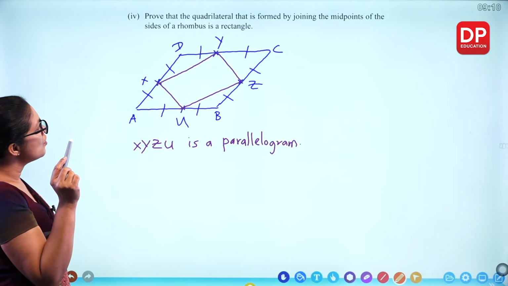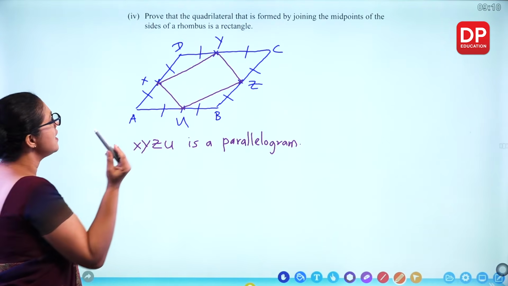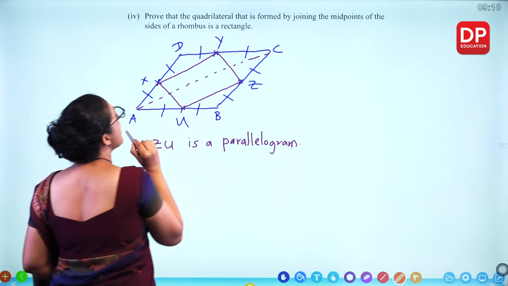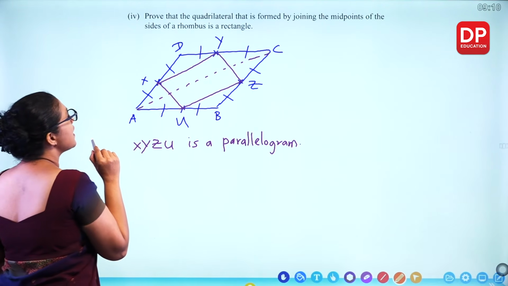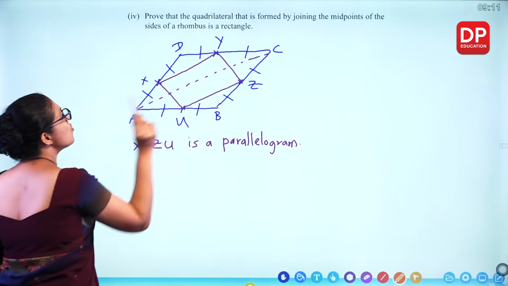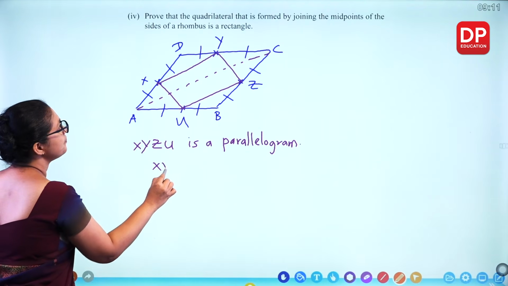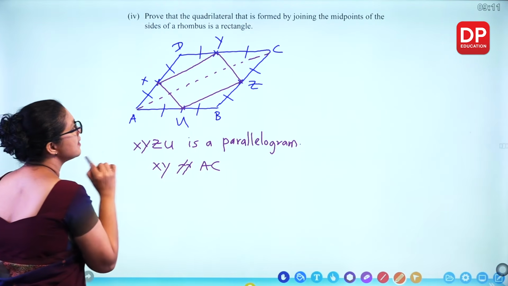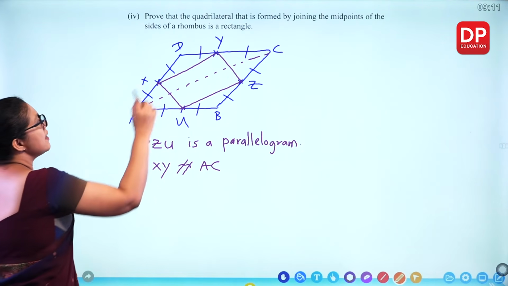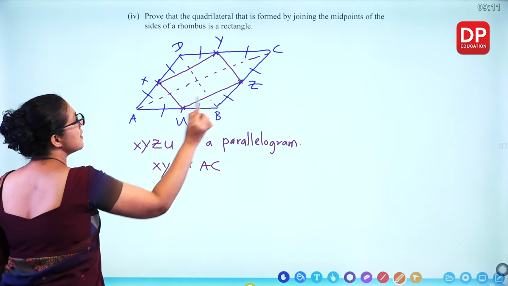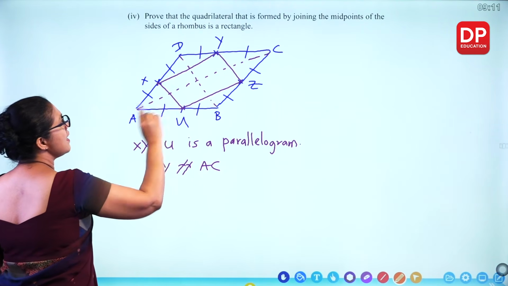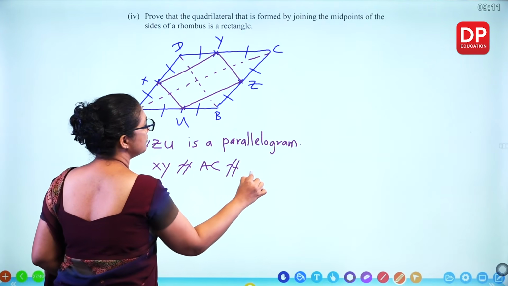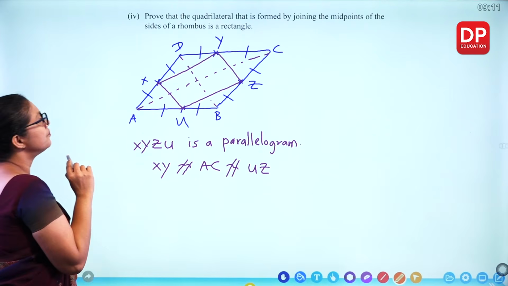So how can we show these are 90 degrees? Again, using the same procedure we used in the previous part. When you take these two lines, XY is parallel to AC, and when you take this line, UZ is also parallel.